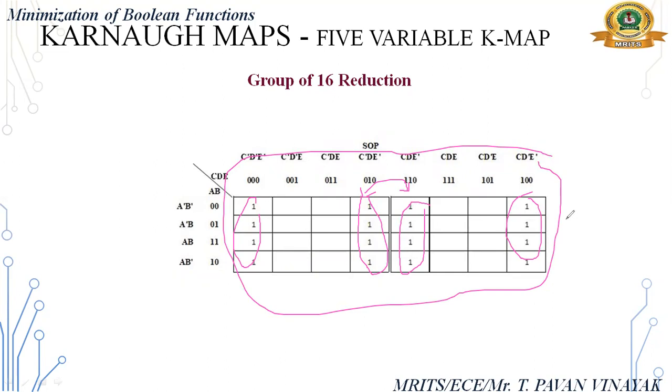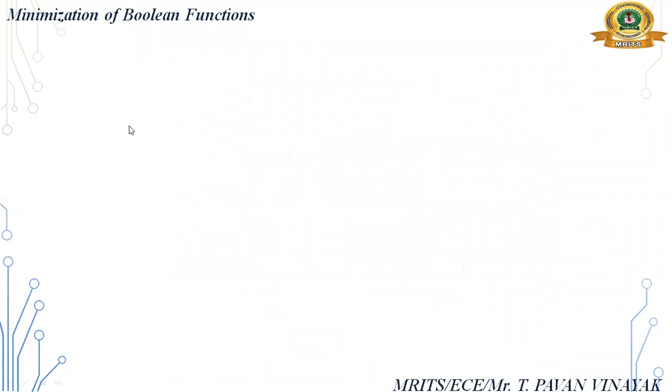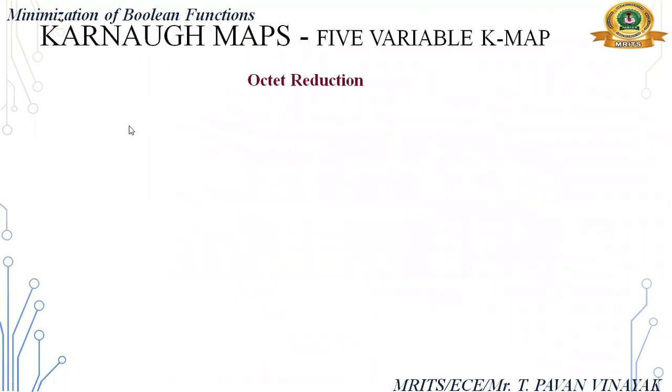This is one possible 16. Answer is E bar. Check the common term, that is E bar. Like that we have so many 16 groups. These are important groups because they follow the reflection property. Without the reflection property also we get 16 groups. I will give those images later. You can try it yourself.